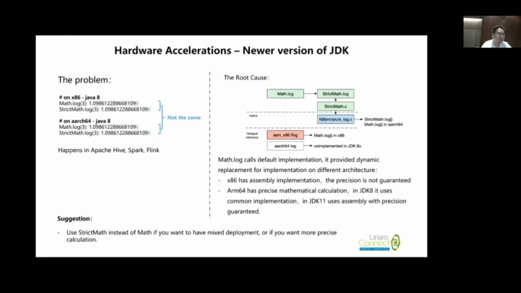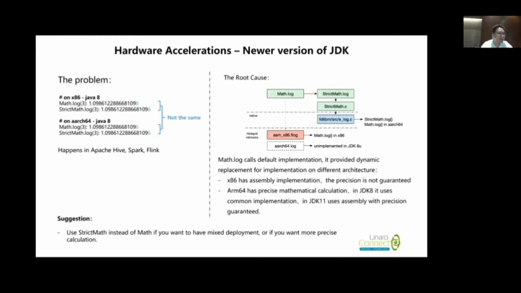After adding ARM CIs for Spark, Flink, and Hive, we observed that among all the tests, some of the mathematical calculation tests had different results on ARM and x86 hardware. After looking into it, we found out that the root cause is that the mathematical calculation library in Java supports dynamic replacement for different hardware platforms.